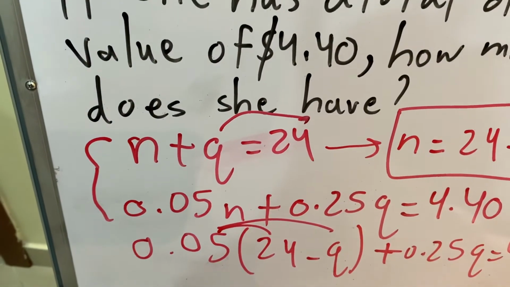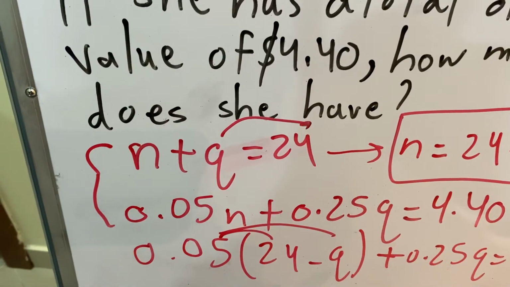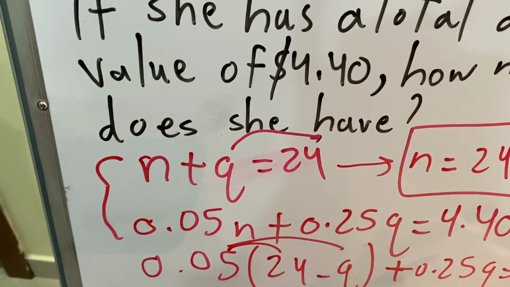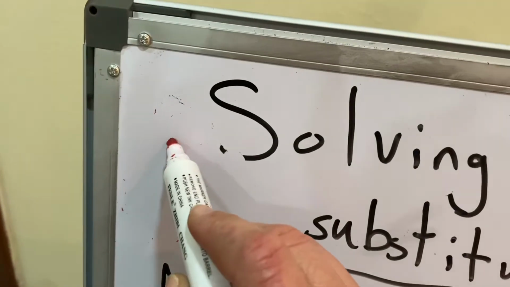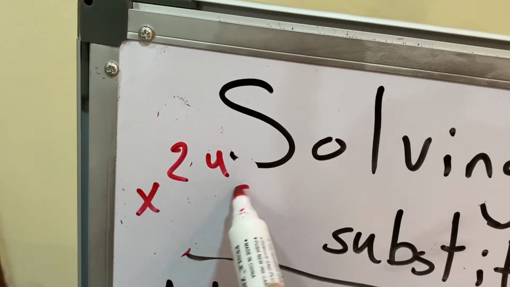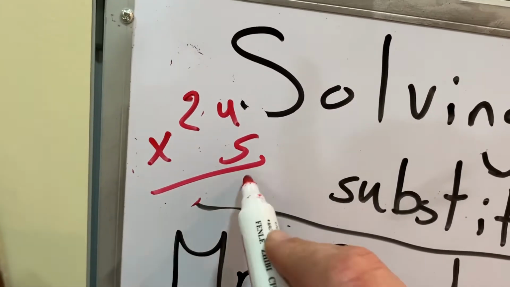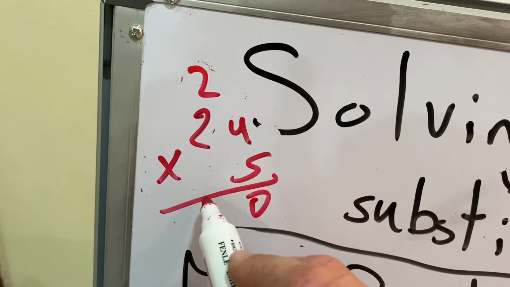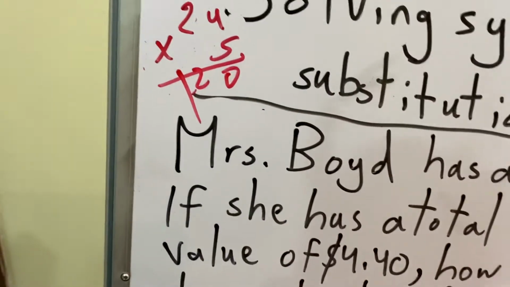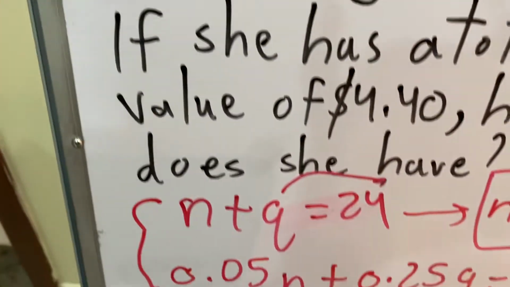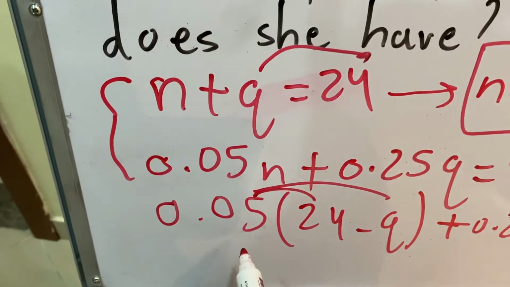Now I can multiply 0.05 by 24 by removing the decimal and making it 24 times 5. 5 times 4, which is 20, 5 times 2, which is 10, plus 2 is 12, 120. Then I have to put back the decimal. I have 0.05, which is 2 decimals.